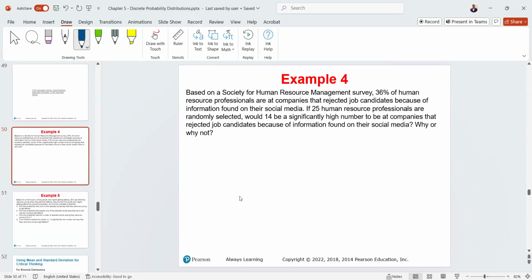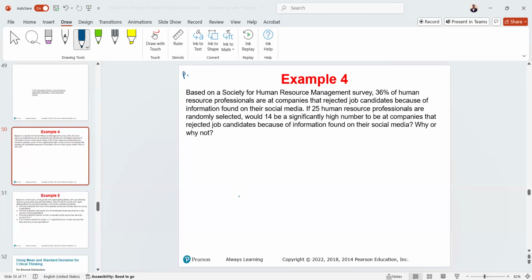Now, let's continue with some other examples because most of all is the same type of questions you're going to have for all of them. For this one, based on the Society for Human Resources Management, 36% of human resources professionals are at companies that reject job candidates because of information found on their social media.